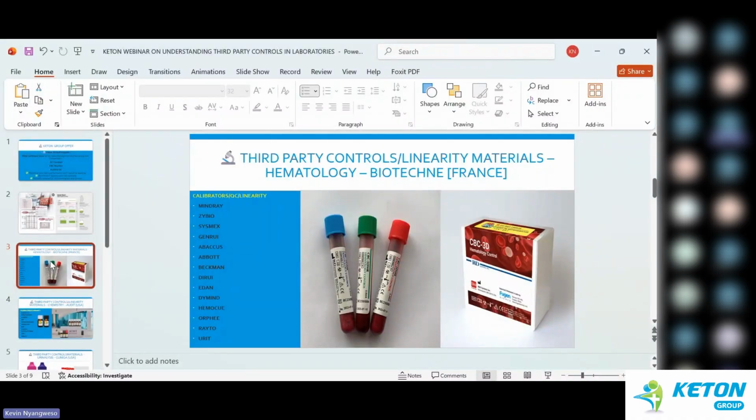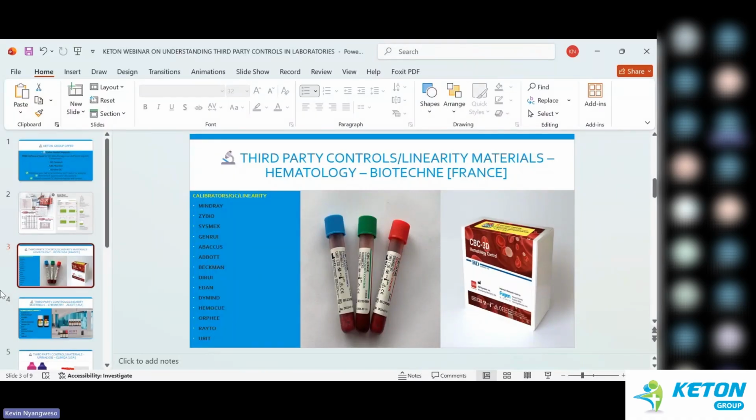So all these machines that you have in your lab, we can give you hematology third-party controls that you can use to verify your performance against the manufacturer reagents. Like the presenter has mentioned, when you use manufacturer QC against the manufacturer reagent, there could be an aspect of bias. But now if you get these controls from us, you get that third eye that is for you.